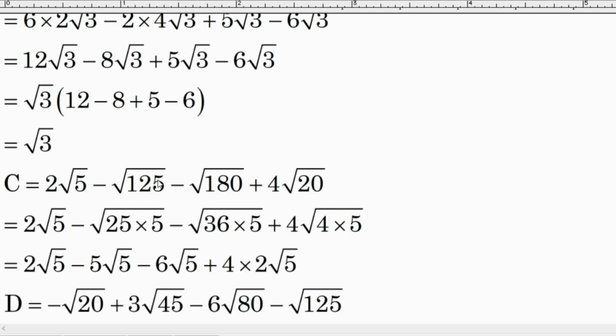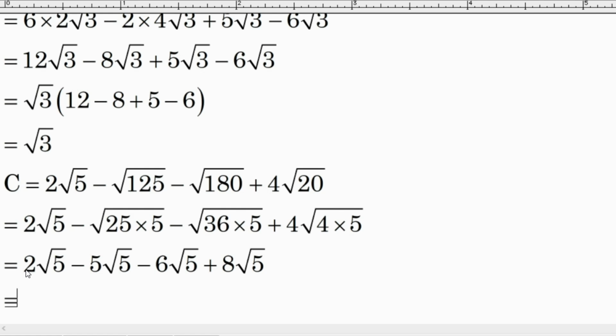And 4 times 2 we can calculate now, which is equal to 8.